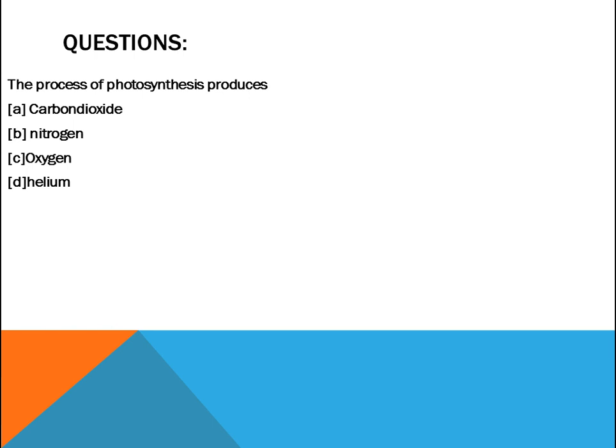So now we discuss some questions. First question. The process of photosynthesis produces what? After photosynthesis what will be produced? Yes, the oxygen will be produced.